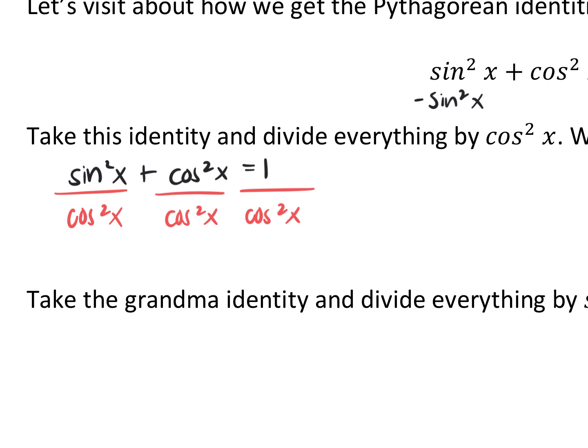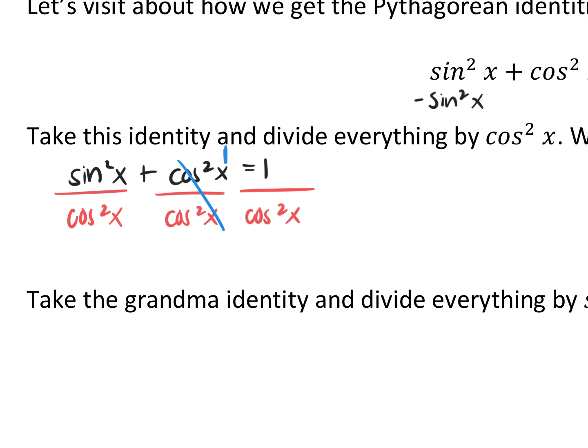Okay. Right away, what do we see? What's happening up there? One of those things goes away. Which one? Cosine, right? This becomes a 1, right? Now, if you look on your chart, what is sine over cosine equal? Tangent, right? So I could rewrite this piece right here.